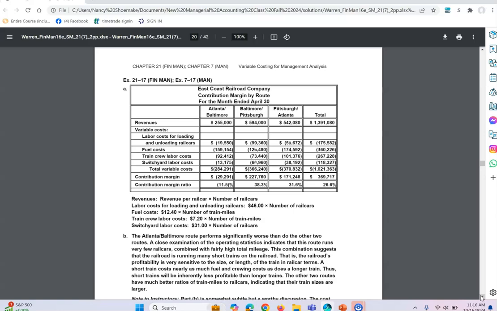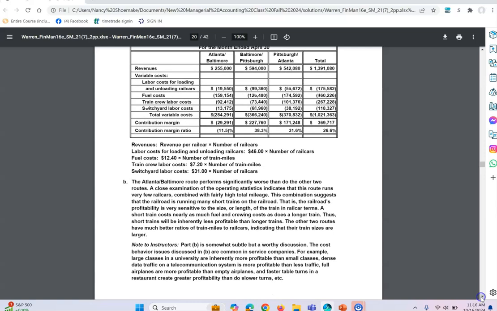The Atlanta-Baltimore route performs the worst. It runs few rail cars, has high mileage. The railroad's running many short trains on this railroad.